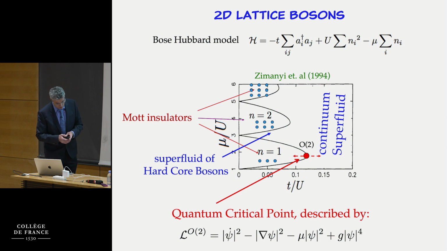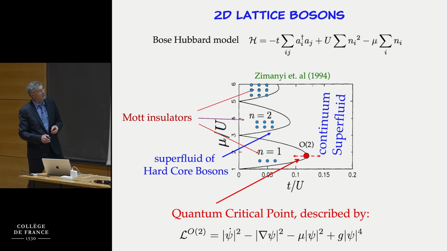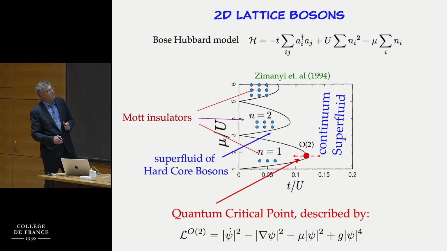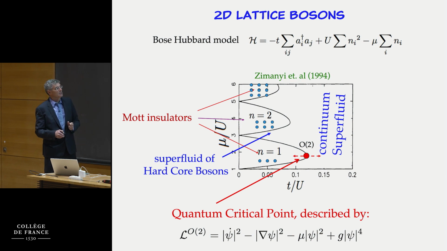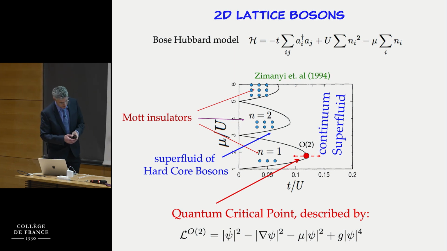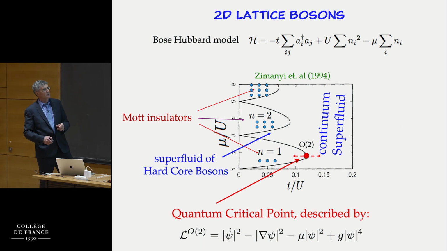But what we want to concentrate on here is actually this point, which is a quantum critical point. It's a point where you go between an ordered superfluid, which is phase ordered, into a charge ordered, or if you want, no phase order, phase fluctuation. So it's a very nice example of a critical point of O(2) symmetry, described by a field theory which is a relativistic Gross-Pitaevskii, if you want.